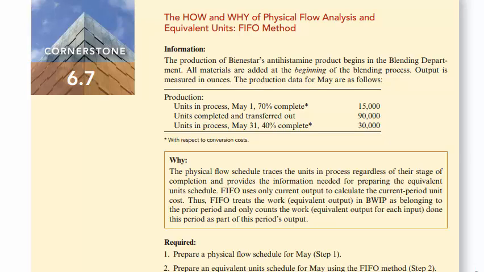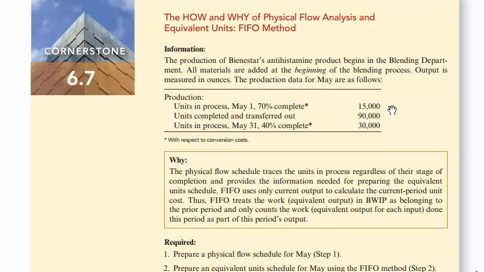They completed 90,000 for the month, and by the way, the 90,000 was what they completed and transferred out to the next process. Then the units in process at the end of the month were only 40% complete with respect to conversion costs.